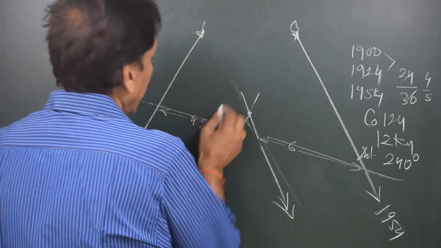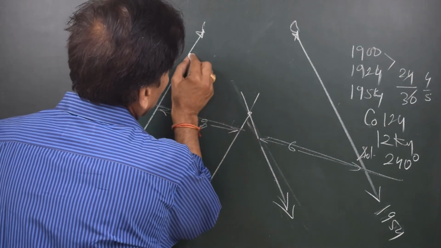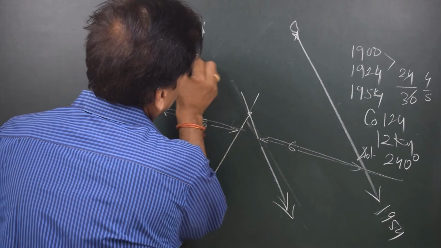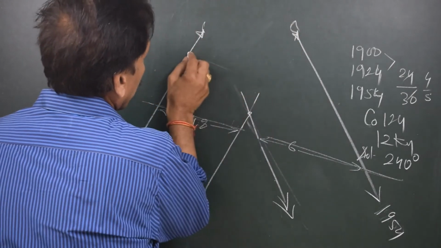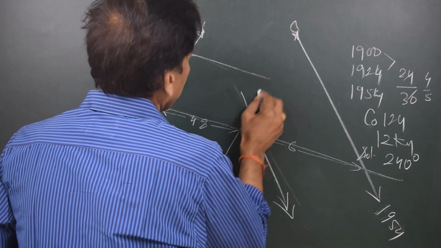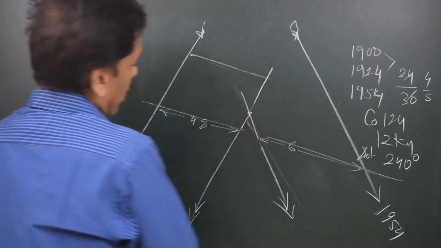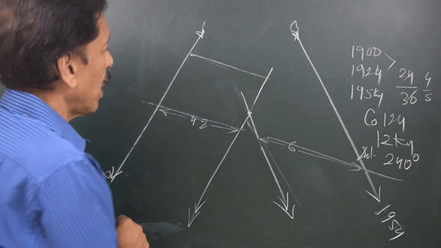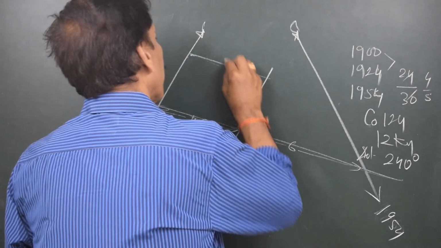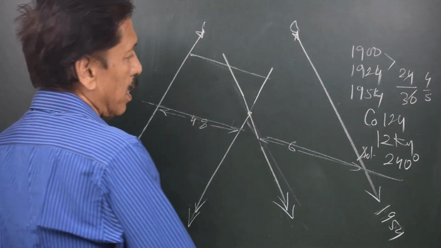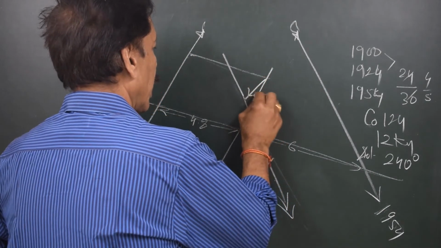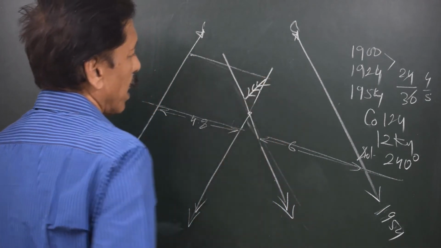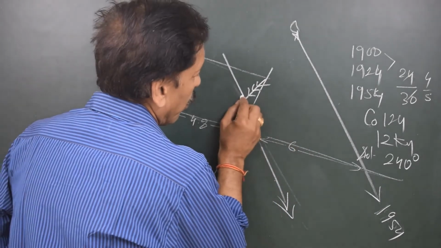So once again, we will draw the course steer till the first transferred line, and from the first transferred line till the second transferred line, we come back along the current. Current is against, and once again we will draw the course steer.